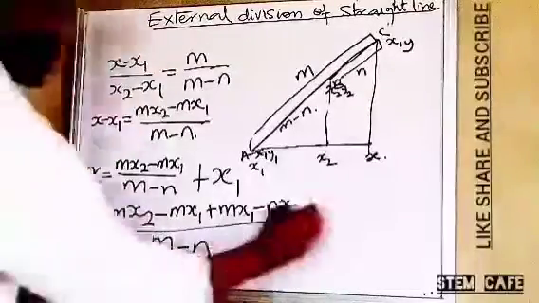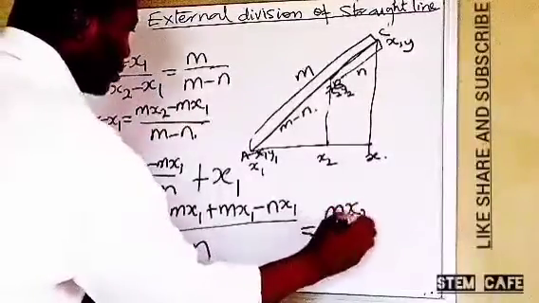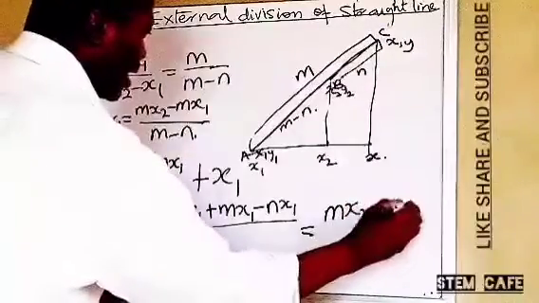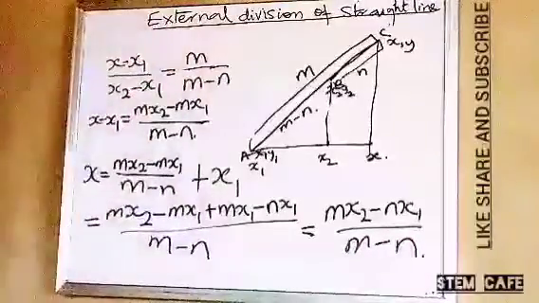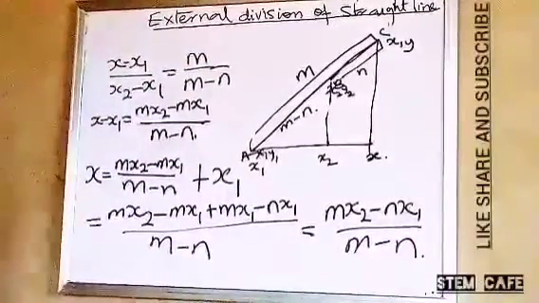It's going to give me m x2 minus n x1 over m minus n. So the point is given as this.